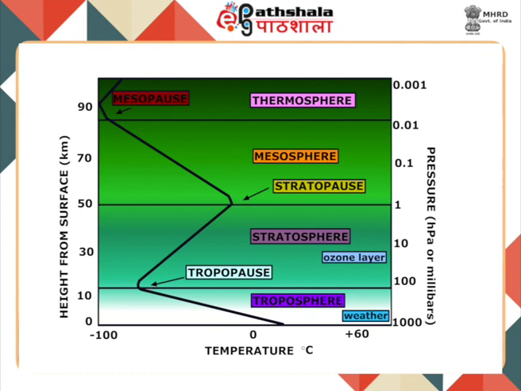Beyond that, in the stratosphere, the slope of the temperature altitude curve becomes positive. That is, there is an increase of temperature with altitude. At the topmost layer of the stratosphere, which is around 50 kilometers from the surface of the earth, as we already said, the temperature becomes minus 2 degrees Celsius.